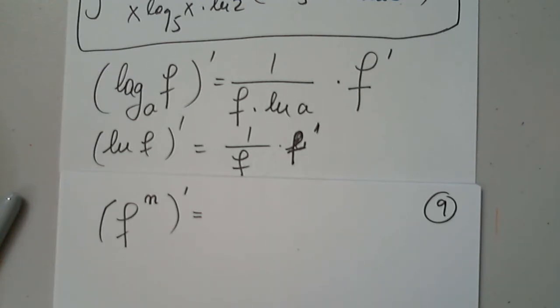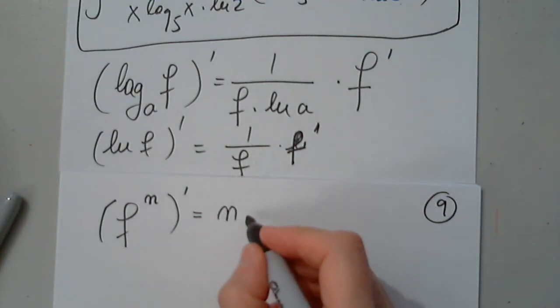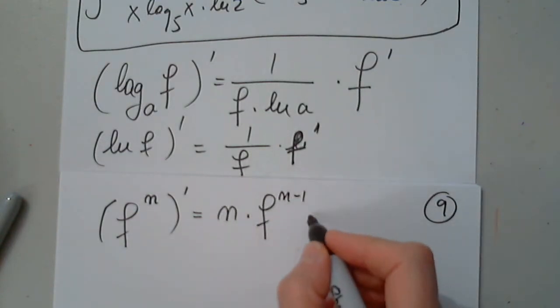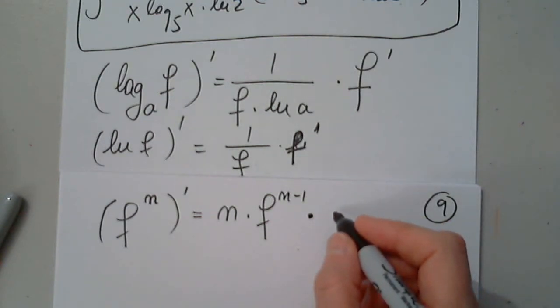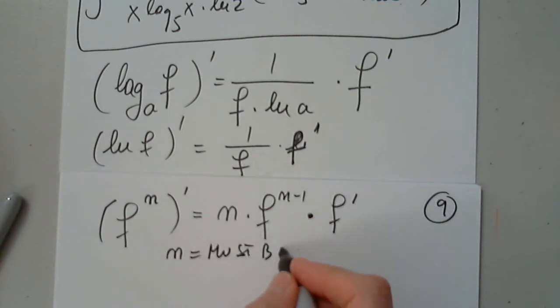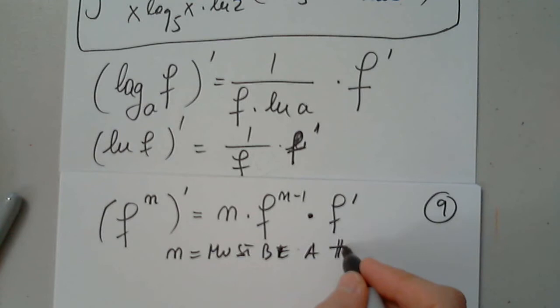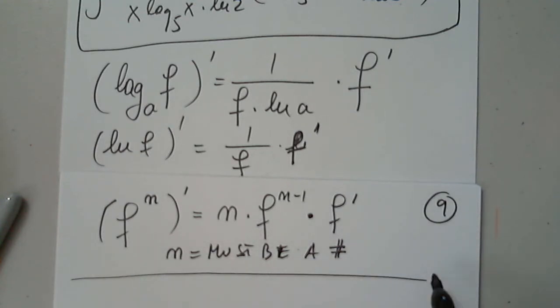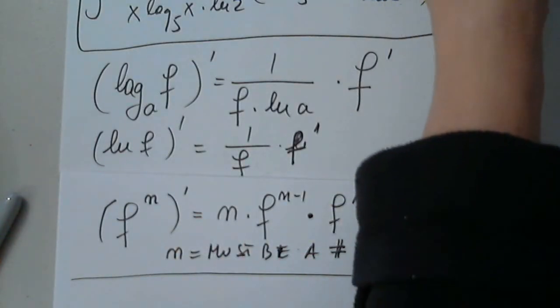Is it going to be n times f to the power of n minus 1, times f prime? Very good. You should always say that in your head. Perfect. Now, this n must be a number for this rule to be applied.